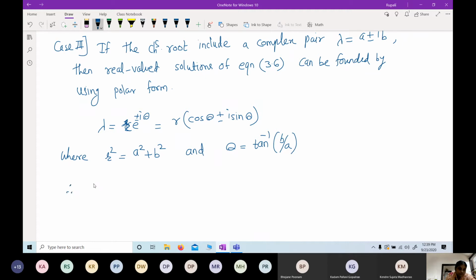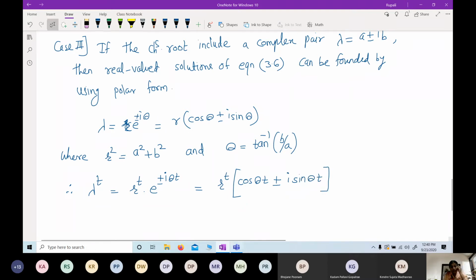Therefore, lambda raised to t can be written as r raised to t e raised to plus or minus i theta t, which is nothing but r raised to t times cos of theta t plus or minus i sin theta t.